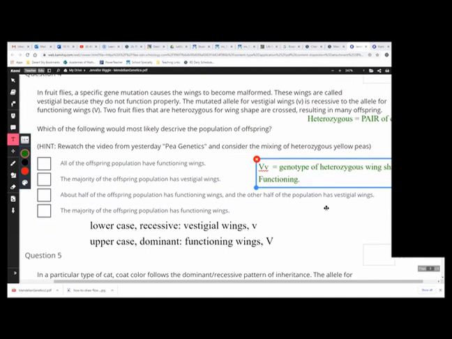Question number 4. We are right on target to where we need to be to finish this today. So we have figured out that heterozygous is a pair of different alleles. We know that our alleles is being represented by the letter V, and it can be capital or lowercase.